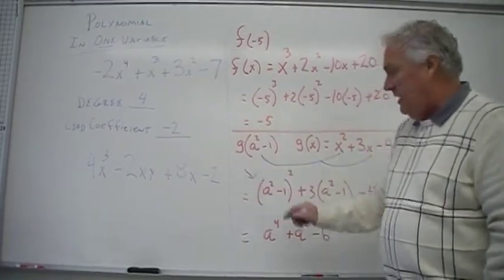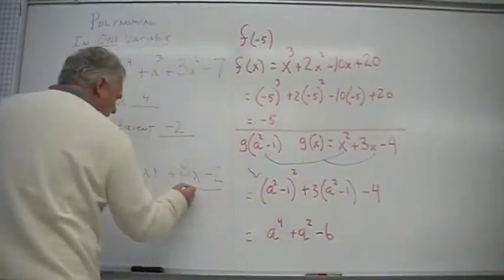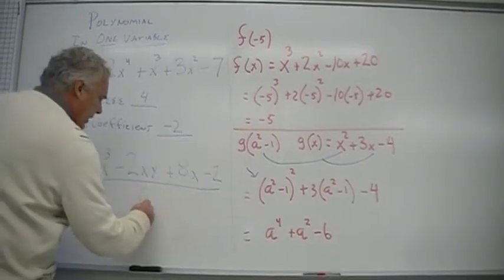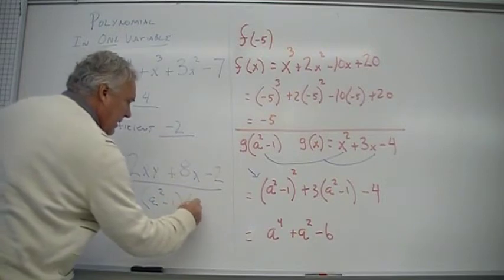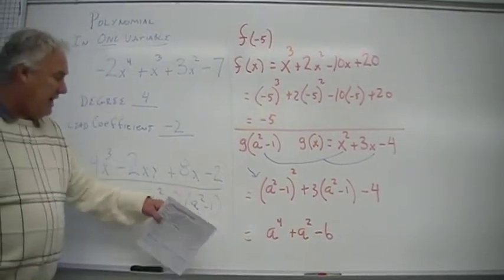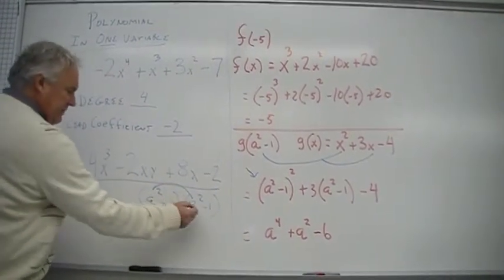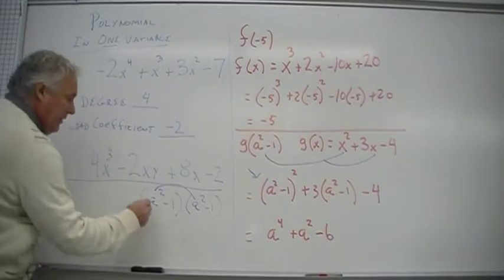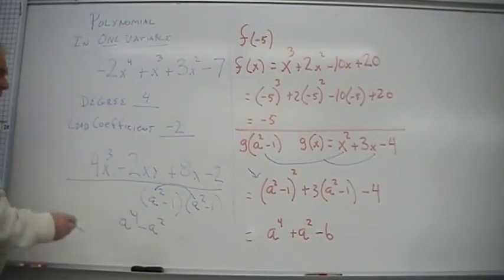This, everybody, is foiling. And I'll give you a little quick foil on it. A squared minus 1 squared. So it becomes that. You then have to do this. A squared times a squared is a to the fourth. A squared times minus 1 is minus a squared.